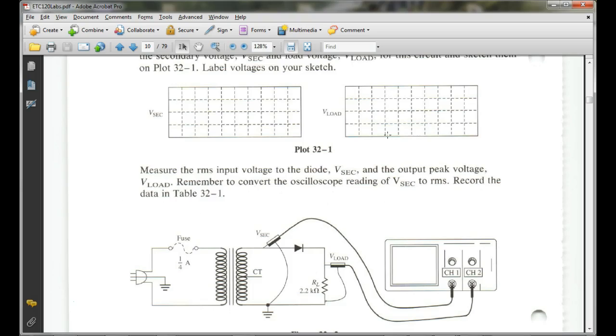You can actually trigger on either one of them because they're going to be the same, right? That makes sense? So you can follow this exactly, but you don't have to because up here they don't identify the probe.